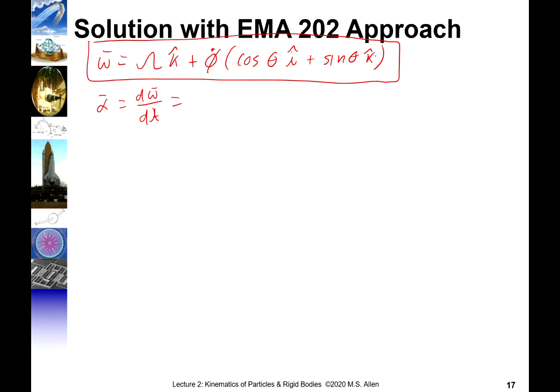Because these unit vectors are fixed in space, we can treat i, j, k as constants. So we can just write this as omega dot in the k, plus we're going to have to remember the chain rule here. We'll have phi double dot times the rest of this unchanged.